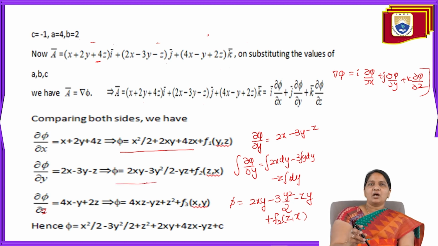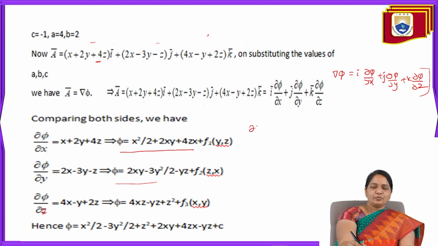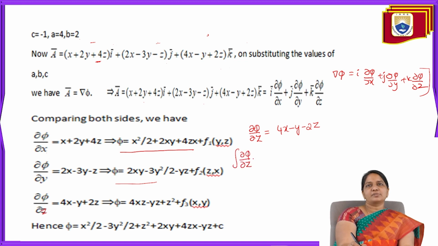Now I am moving to the third one. Dou pi by dou z equals 4x minus y minus 2z. Now we are doing the integration here with respect to z. So dou pi by dou z equals integral 4x dz minus integral y dz minus integral 2z dz. Here integration and differentiation will be cancelled.